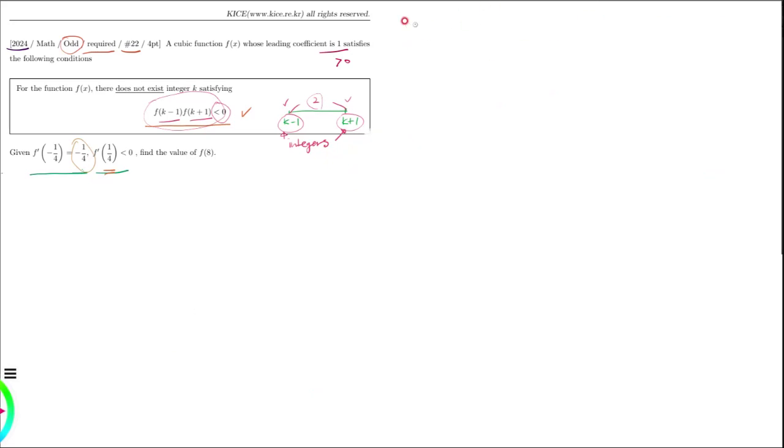So okay, what we have is, first, all zeros of f of x should be integer, and the second is f passes through the origin.